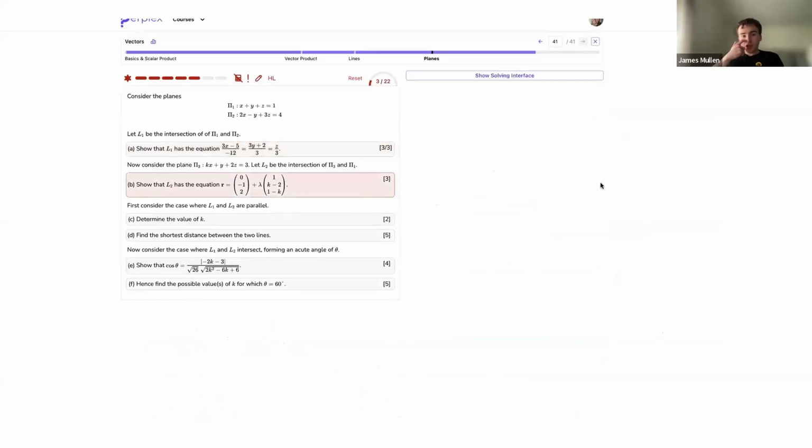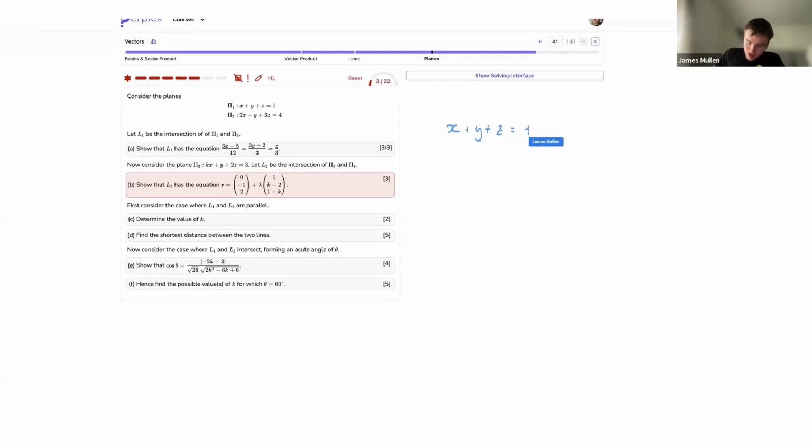Now in part B, we're trying to show that if I have a third plane, kx plus y plus 2z is equal to 3, and L2 is the intersection of pi 3 and pi 1, then L2 has the equation r is equal to 0, minus 1, 2 plus lambda times 1, k minus 2, 1 minus k. Okay, so what I'm going to do is set up the equation x plus y plus z is equal to 1.